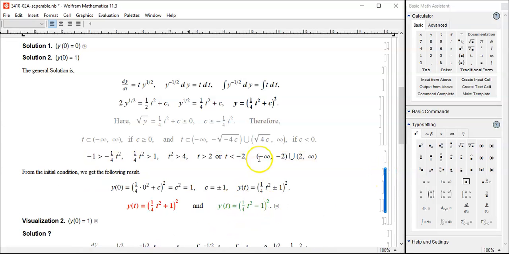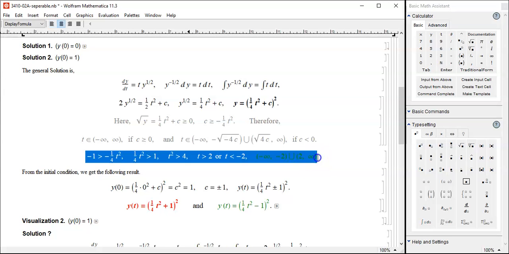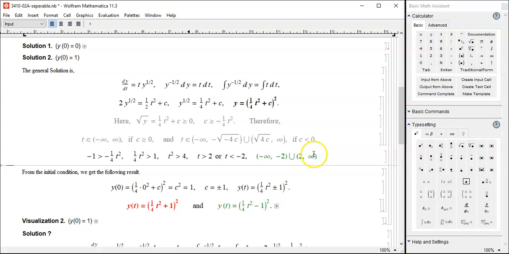The solution is valid here. In these two intervals, the solution is valid. But our initial condition, x equals 0, t equals 0, did not come from any of these. So this one is extraneous.